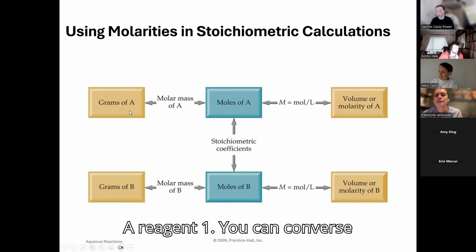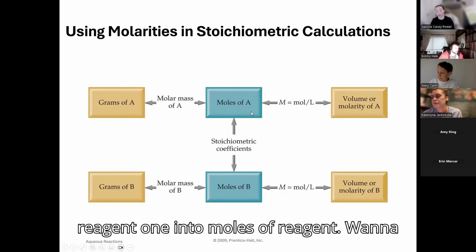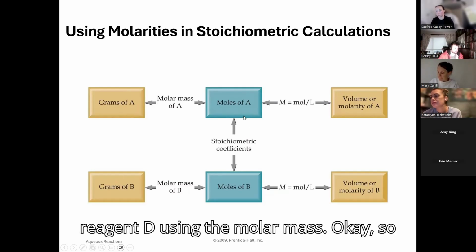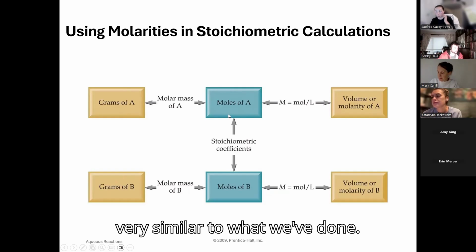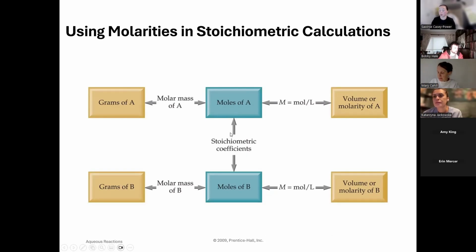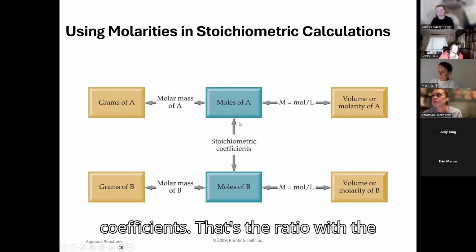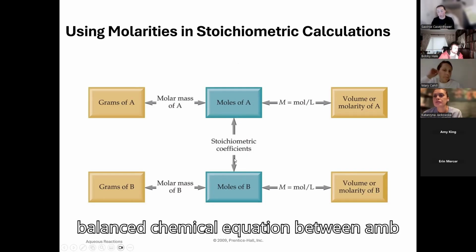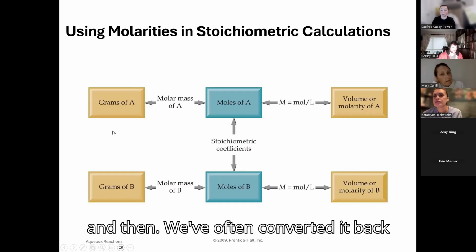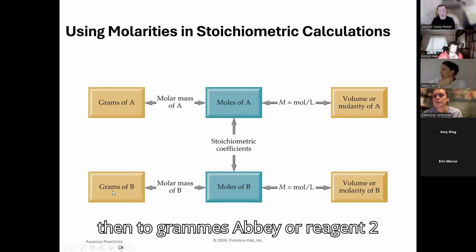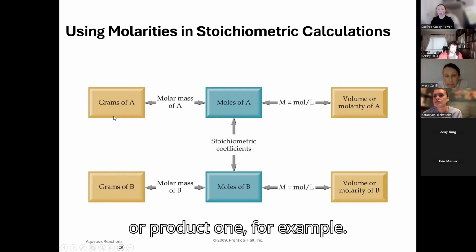You can convert reagent 1 into moles of reagent 1 or reagent A using the molar mass. Okay, so very similar to what we've done. You can work out the stoichiometric coefficient, so that's the ratio with the balanced chemical equation between A and B, and then we've often converted it back to grams of B, or reagent 2, or product 1, for example.